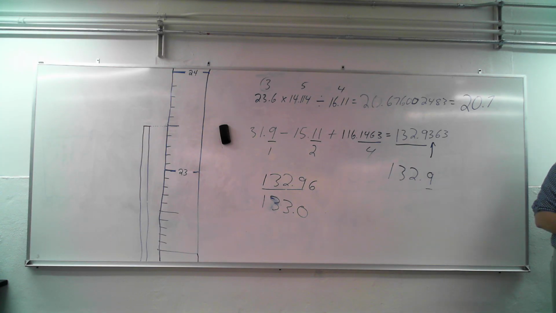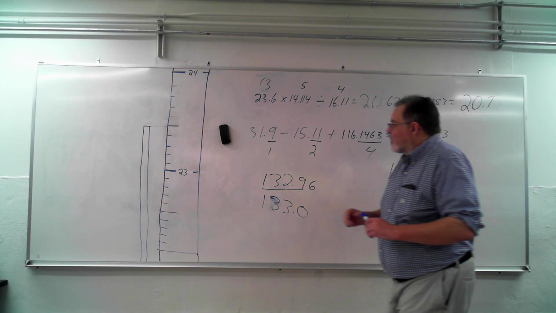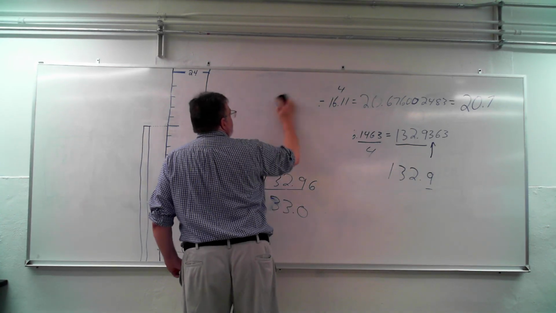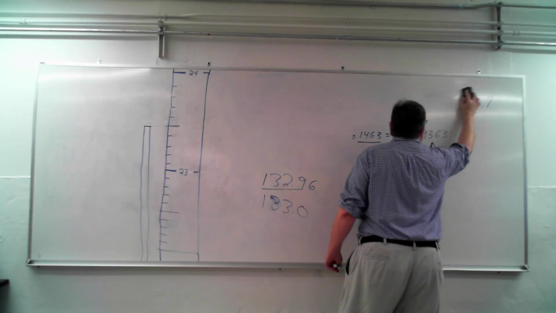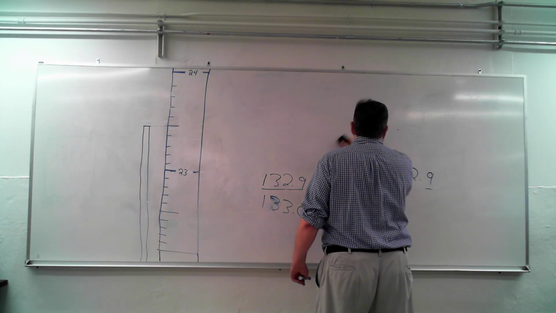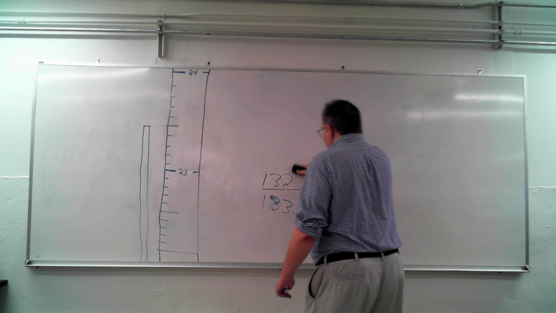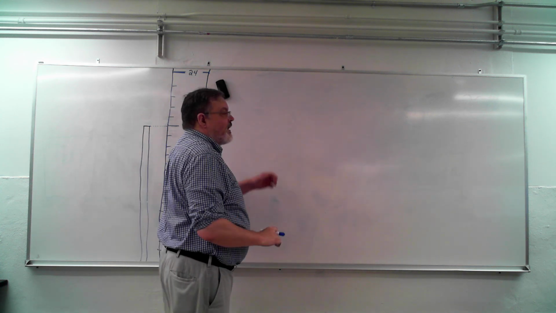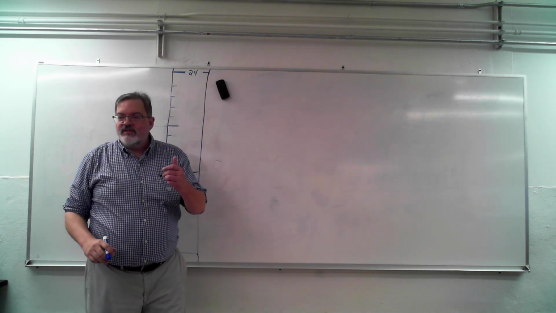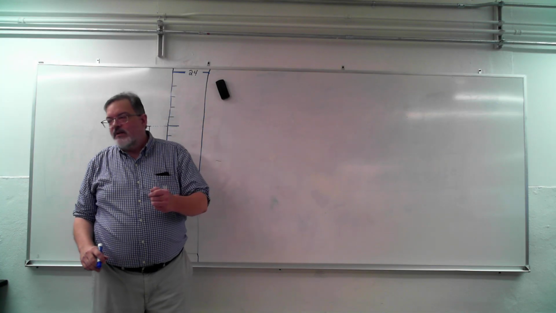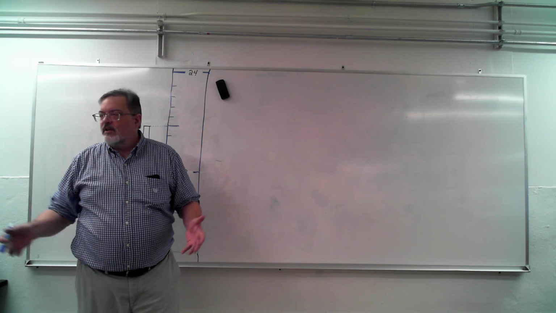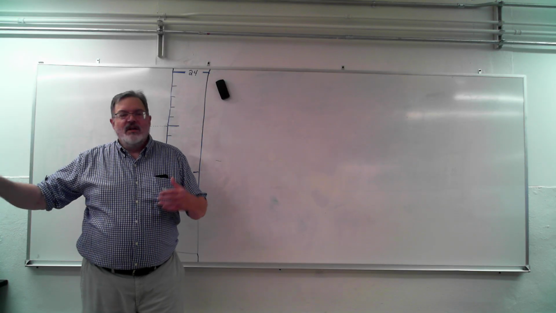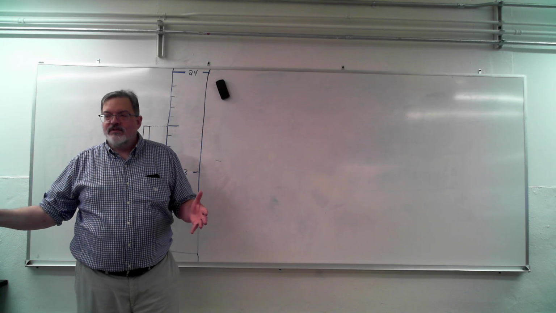Number 4, I already said this, but number 4 is the one that gets tricky. It's not super tricky, but it's what you do when you have multi-step calculations. If you have a calculation that's times this, divided by this, divided by this, times this, divided by this, you just stick with the multiplication division. If it's plus this, minus this, plus this, you just stick with the addition subtraction.